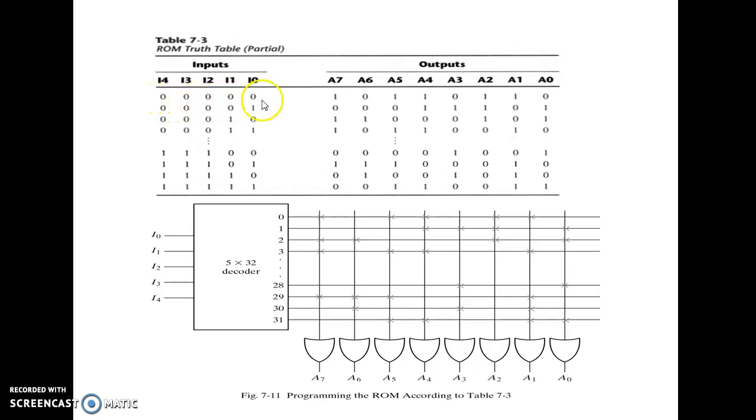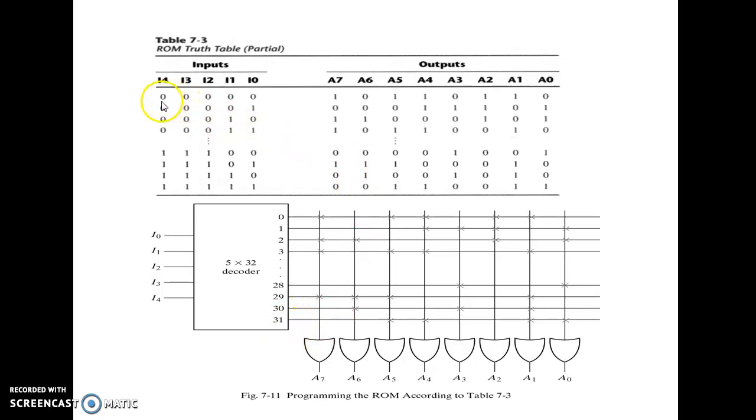So if this is the input I0 to I4 which are given to the decoder, what is the attribute of a decoder? Only one of the outputs would be 1, remaining all zeros. Please keep in mind that only one of the outputs is 1, remaining all zeros.